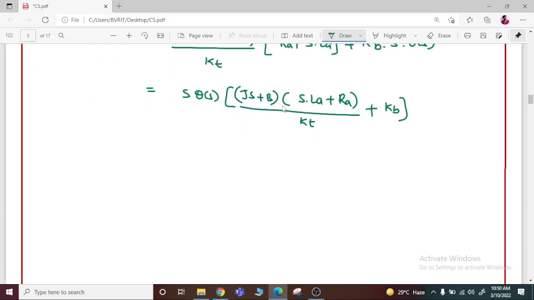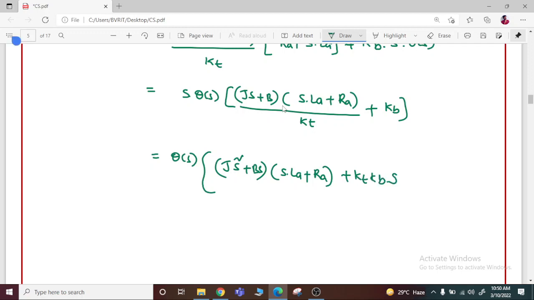Then further it can be written as theta of s into (Js square plus Bs) into s into (La plus Ra) plus Kt Kb into s divided by Kt.